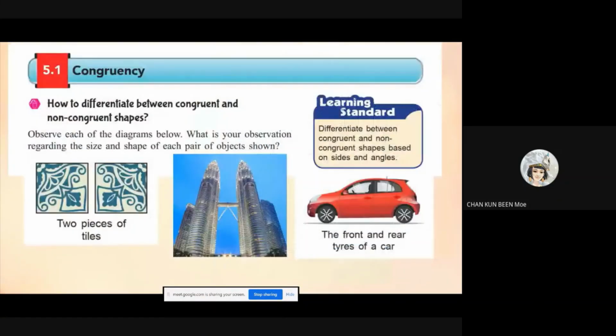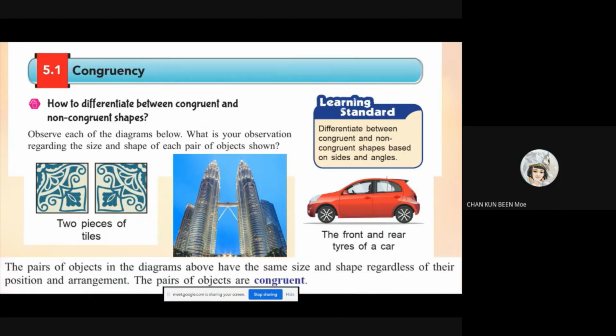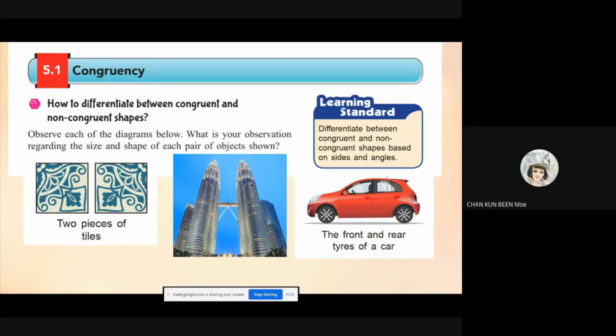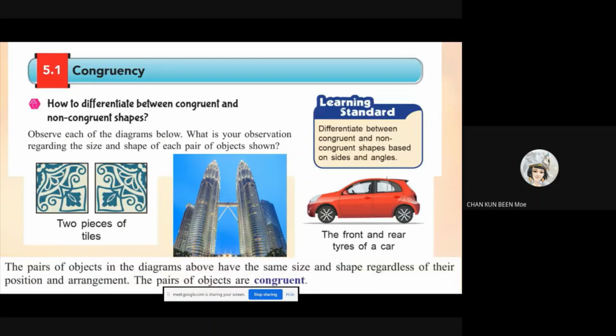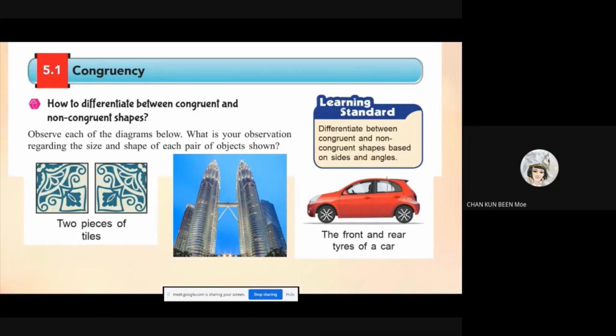So here we are going to differentiate between congruent and non-congruent shapes. So you observe all the diagrams over here. We have 3 diagrams. They ask what is your observation regarding the size and shape of each pair of objects shown. So for the first one here, what do you think of the size?